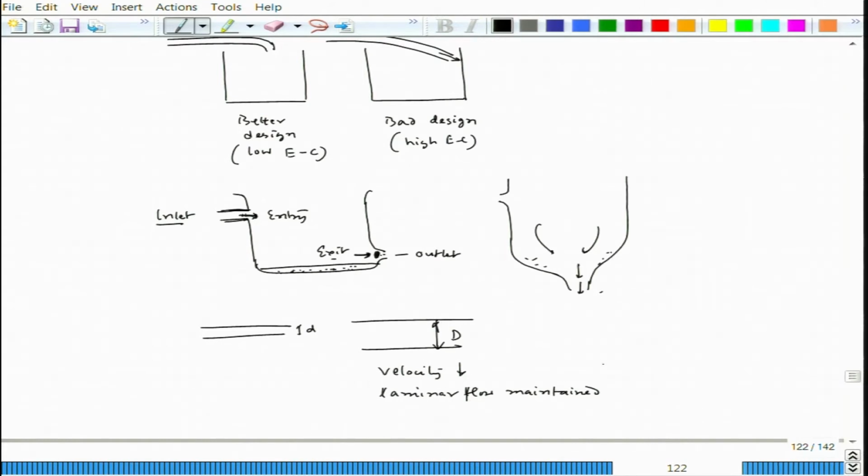So, these two situations would lead to lesser erosion corrosion, but in this case speed or velocity would be high, and there will be a possibility of non-laminar flow or there could even be turbulent flow in the smaller pipe. Okay.